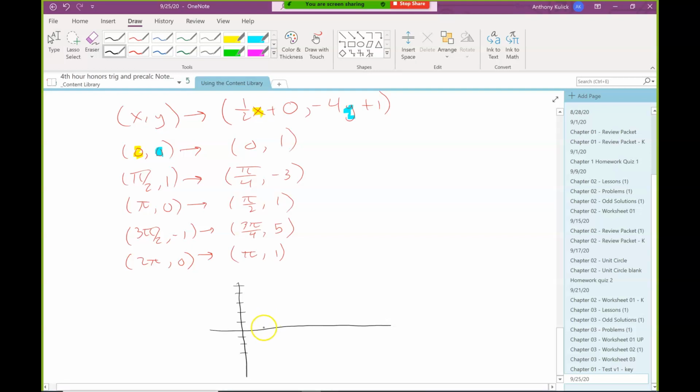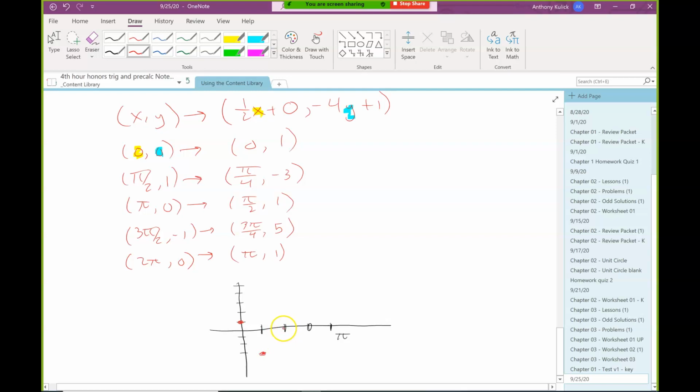So all I'm going to do is make 4 equally spaced spots and call the last one pi. Is everybody okay with that idea? And now I'll plot. So 0, 1. And then the next spot is pi over 4, so that's -3.